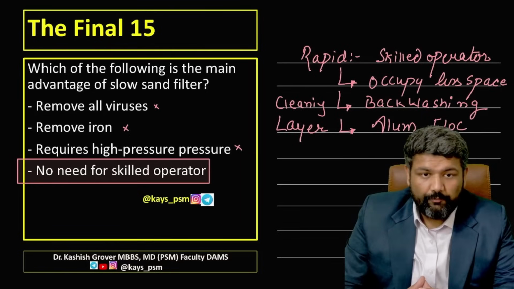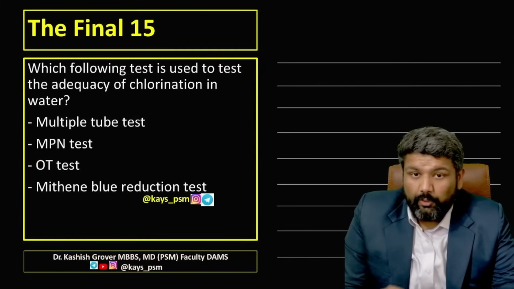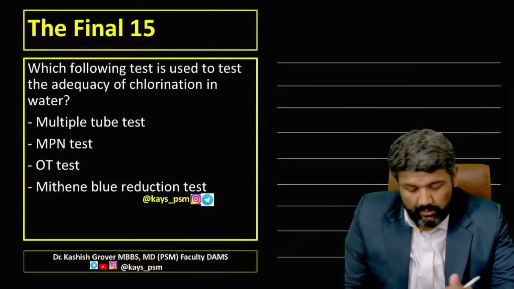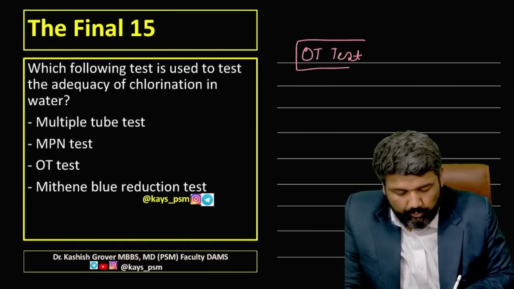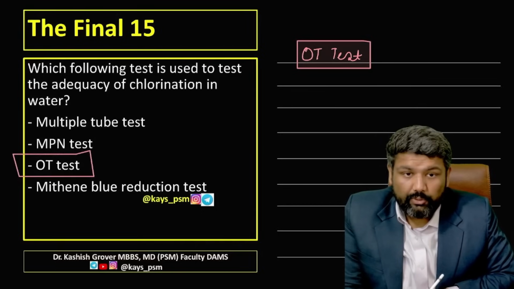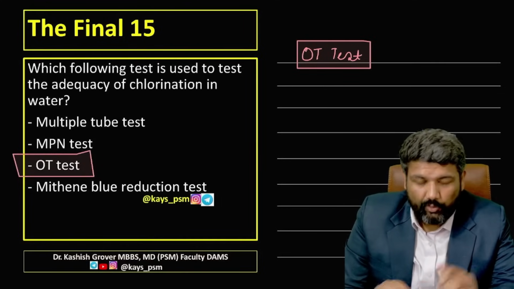Now, which of the following tests is used to test the adequacy of chlorination in water? It is the orthotolidine test. Among all the options, the orthotolidine test is done to check the residual chlorine in the water.